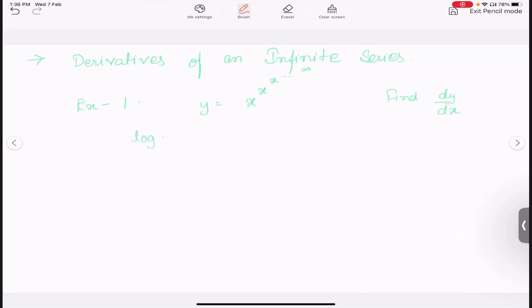Log of y will be equal to log of x to the power x to the power x to the power so on and so forth up to infinity, which can be written as x to the power x to the power x to the power so on and so forth times log of x. This can be written because we have taken out the exponent part outside, and now we are left with log of x.